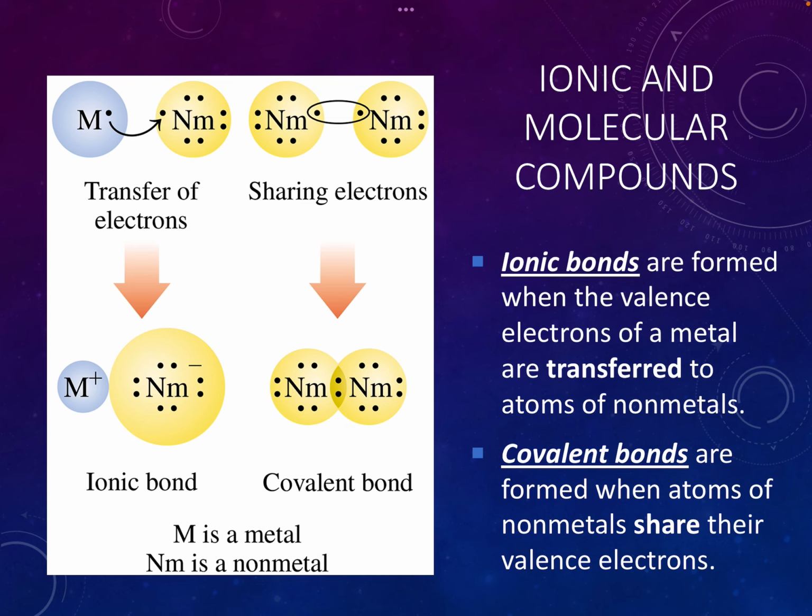So one of the easy ways to see the differences here is that when you have an ionic bond, you have a metal and a nonmetal, one of each. Whereas if it's a covalent bond, or a molecular compound, you have 2 nonmetals. Okay, so that's going to be the difference. A metal and a nonmetal is ionic, whereas 2 nonmetals is going to be covalent.